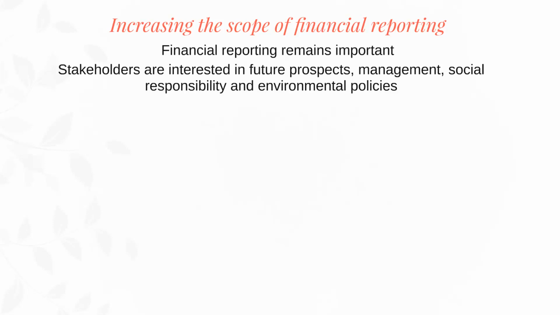They'll want information about things like the social policies and the corporate social responsibility that a business employs, and they'll also want to know about the impact of a business on the environment around it, amongst many other areas. Now, all this wide-ranging information can be reported in several different ways, and we're going to introduce several different reports now by which this can be achieved.